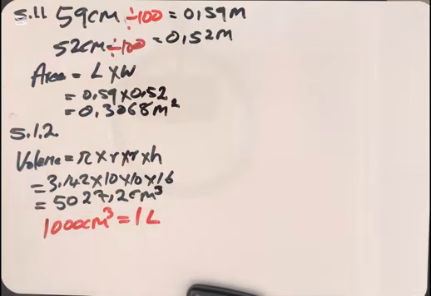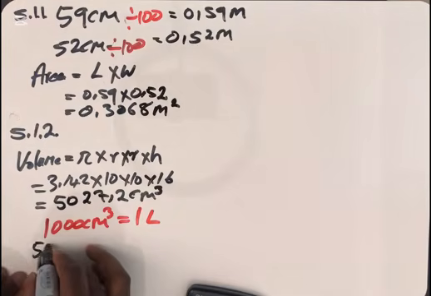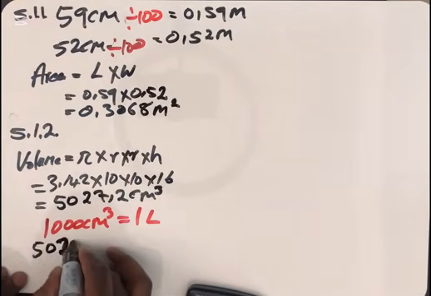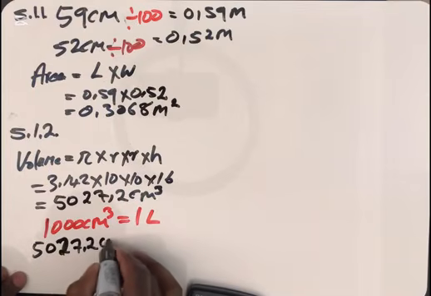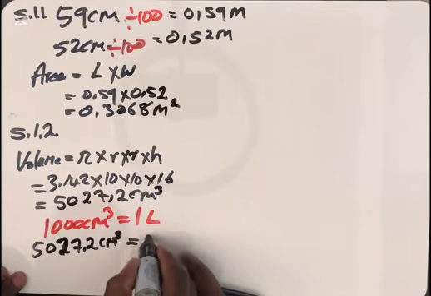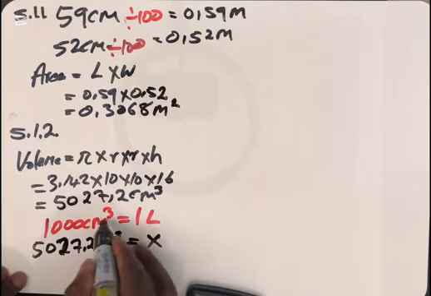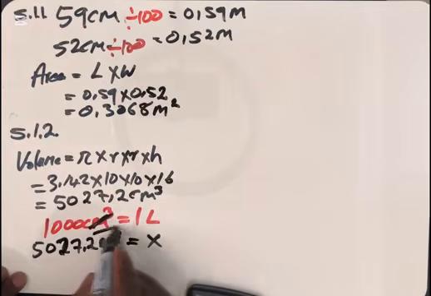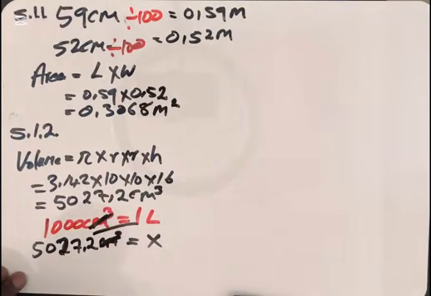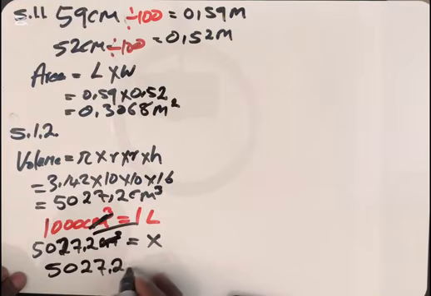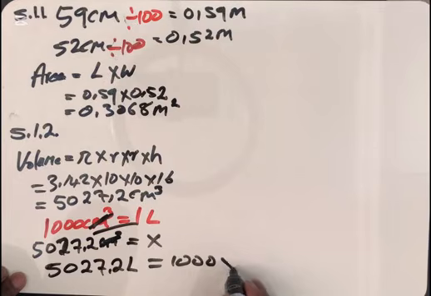Let's convert everything to liters. Same units, same side. So we are going to write 5027.2 centimeters cube is equals to x. Centimeter and centimeter, they will cancel. Then we cross multiply here. When we cross multiply, we're going to find 5027.2 liters is equals to 1,000 x.